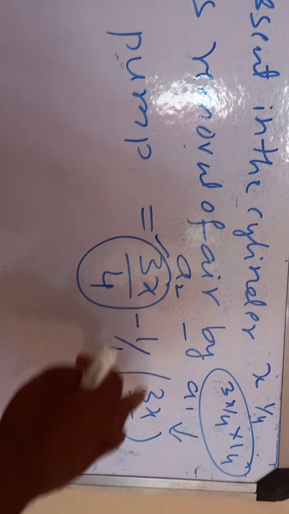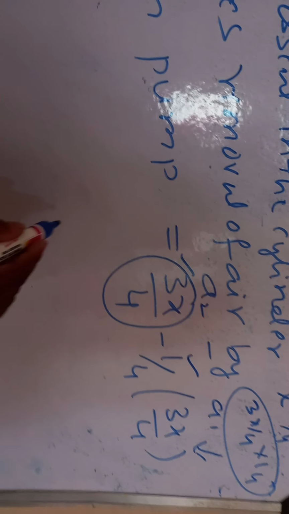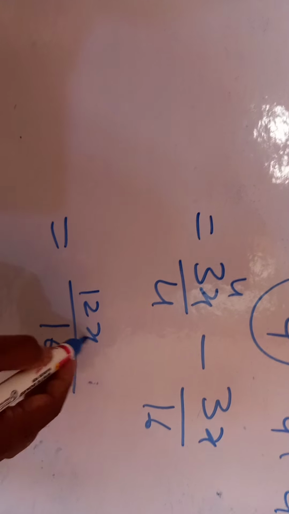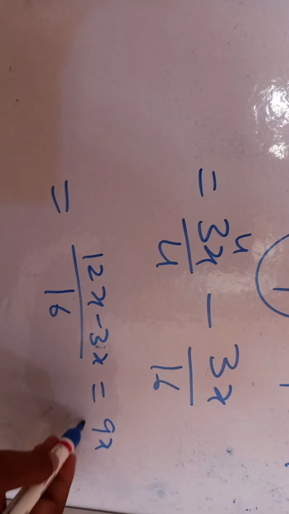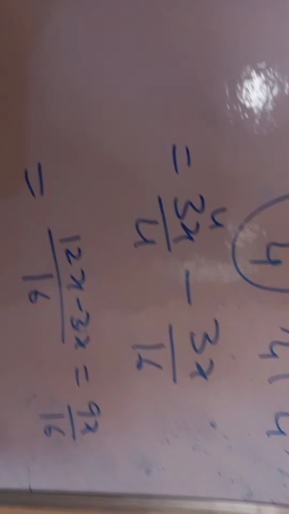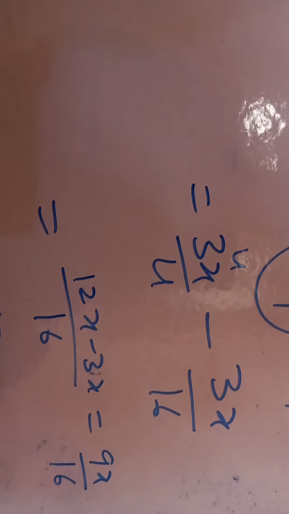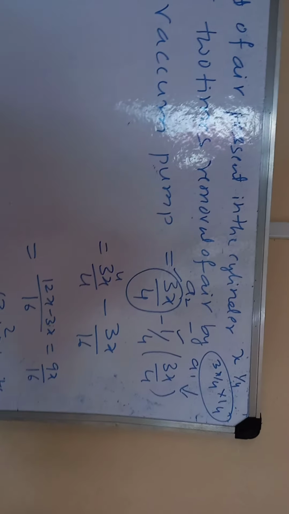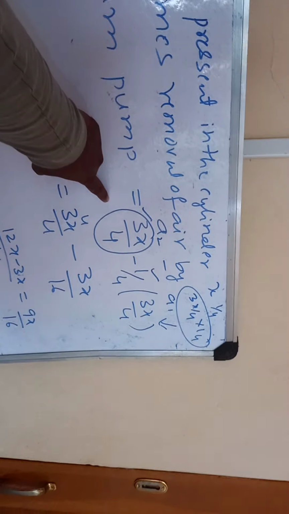So 3x by 4 minus 3x by 16. LCM is 16, so 12x minus 3x, that is 9x by 16 remains. Or you can write 3 by 4 whole square x units after two times removal of air. Okay, this was the second time removal.